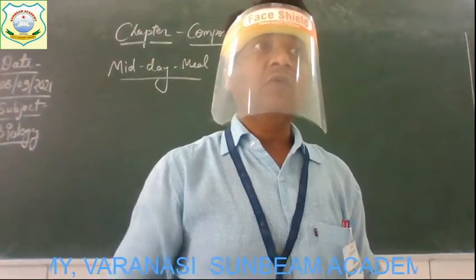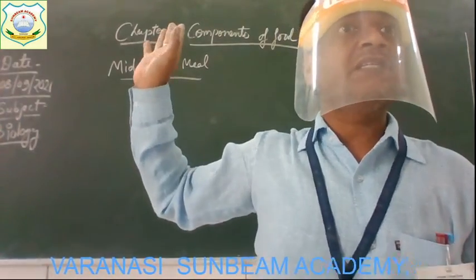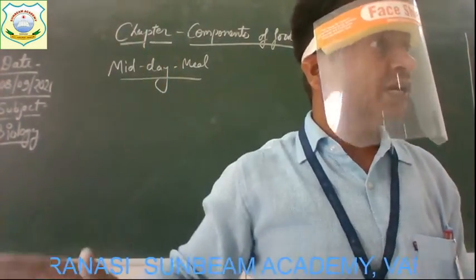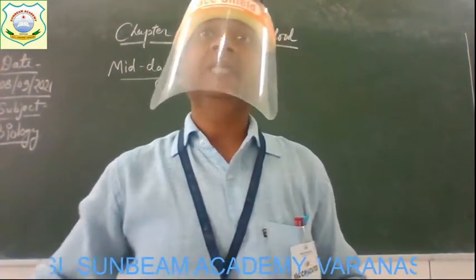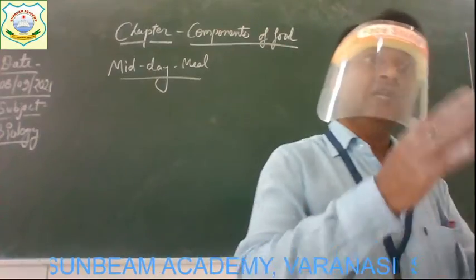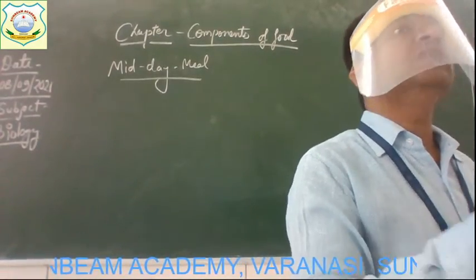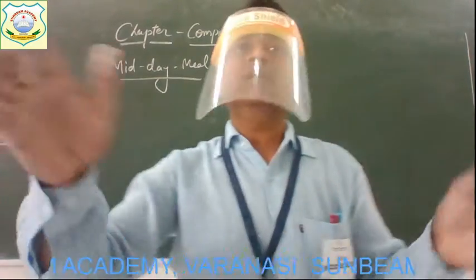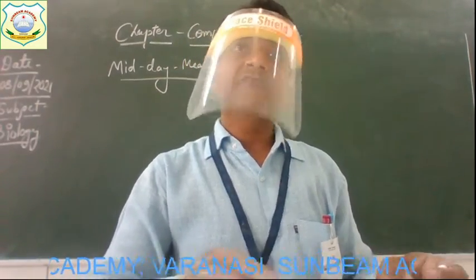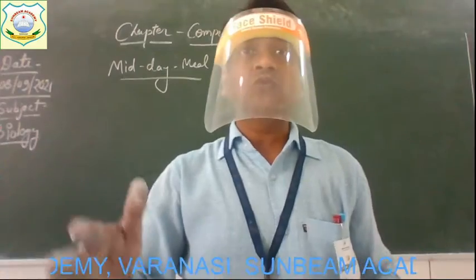What happens in this scheme? The small children who are going to schools get nutritious food, food which has different nutrients present in it, free of cost from the school.